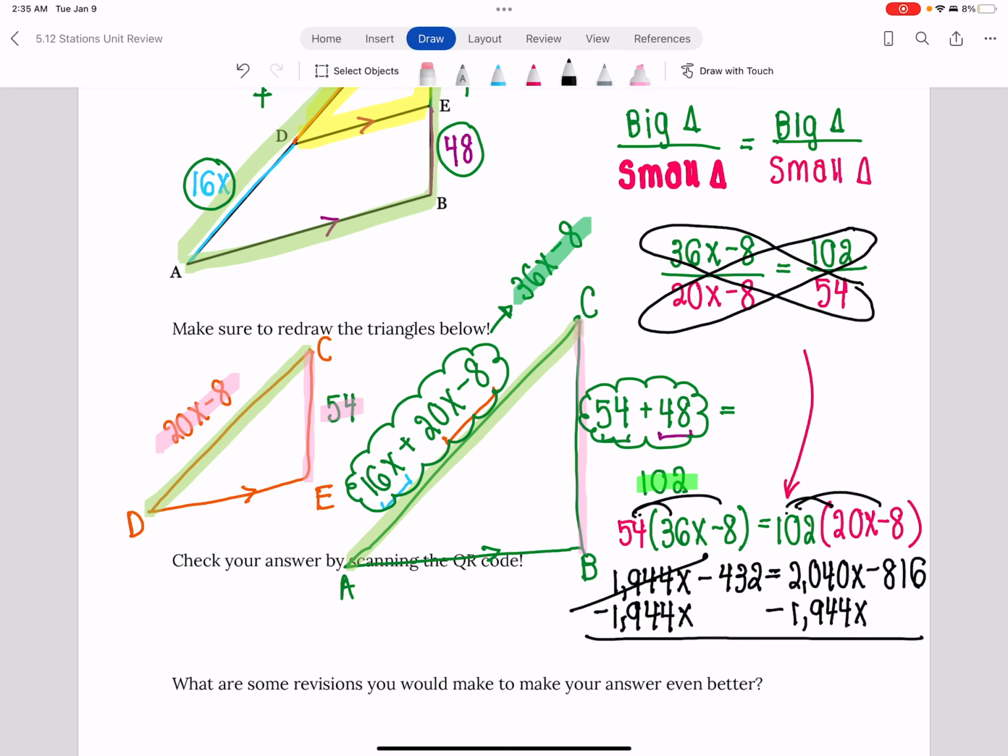So we're getting rid of it on the left side, and on the right side we are going to have 96x. Keep everything else the same.